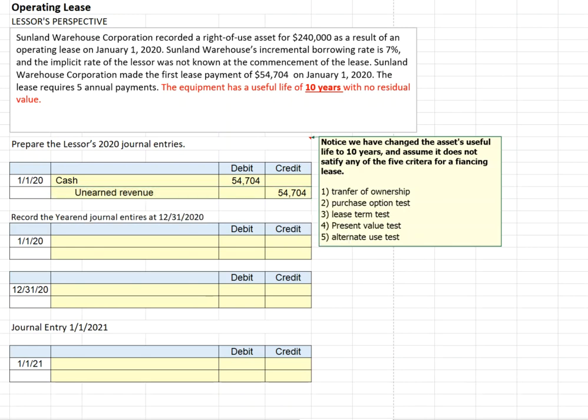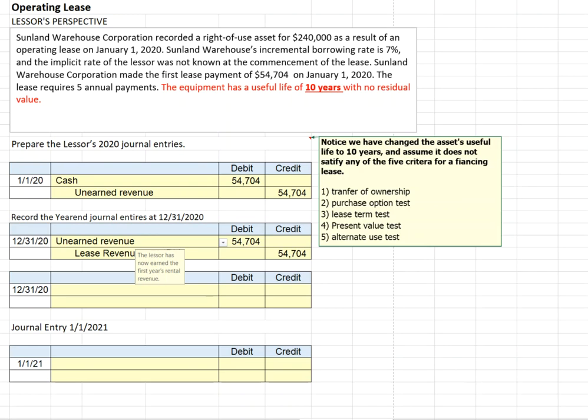Let's take a look at the year-end journal entries at 12/31/2020. At year-end, we've earned the first year's worth of lease revenue. So we'll credit lease revenue for $54,700 and debit our unearned revenue for $54,700.